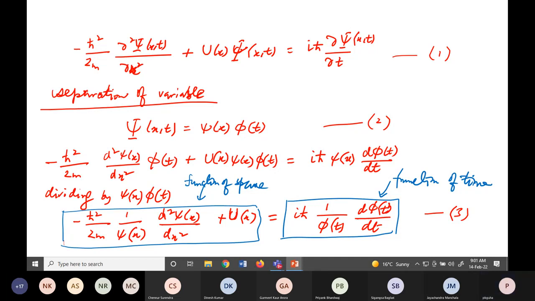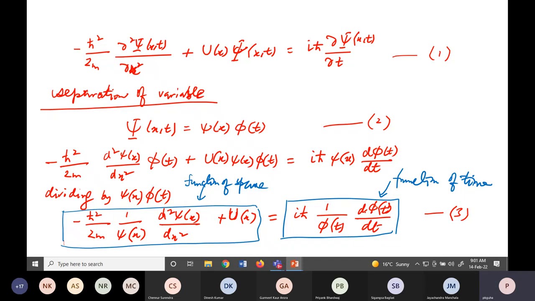Now this i h bar, 1 by phi of t, del phi over del t, this is nothing but energy.